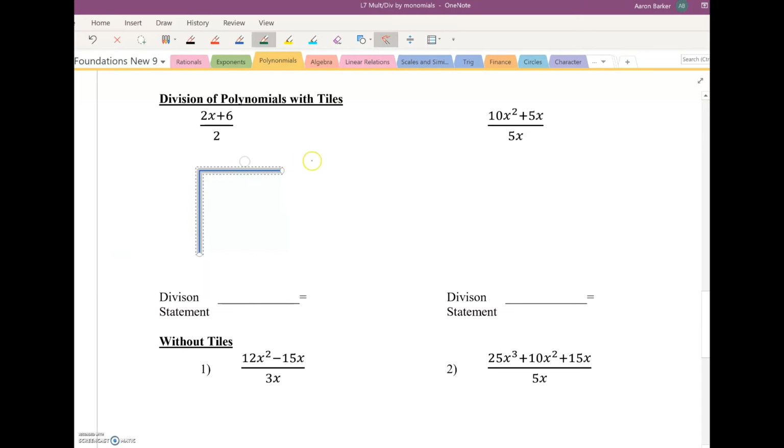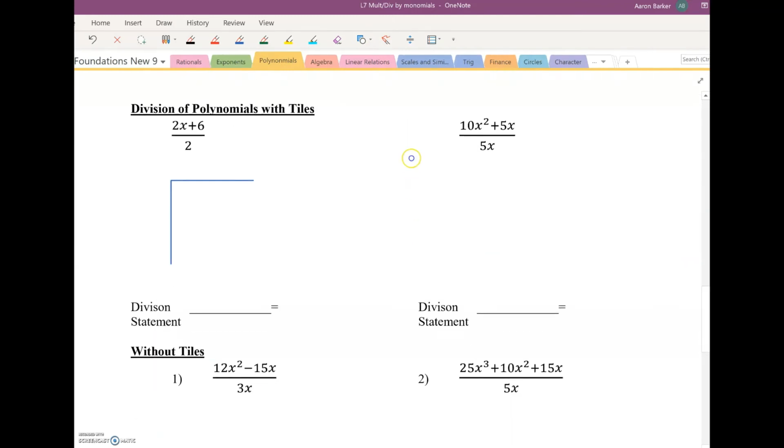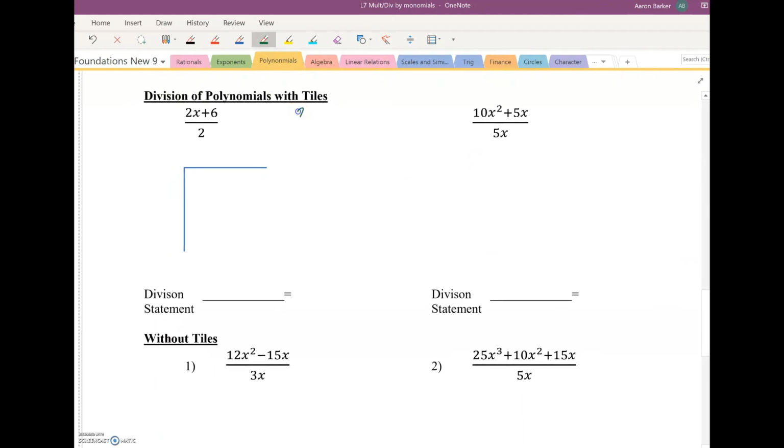So I'll move this up here. You have to arrange this into two groups. Okay, so it's 2x into two groups. So you have to go 2x into two groups.